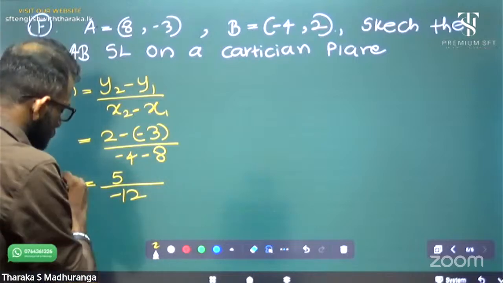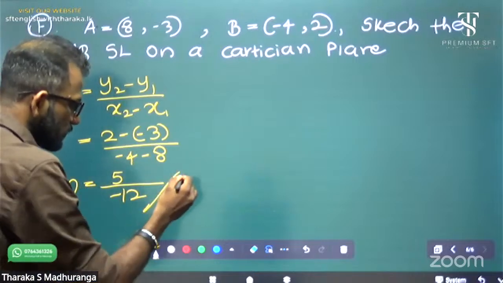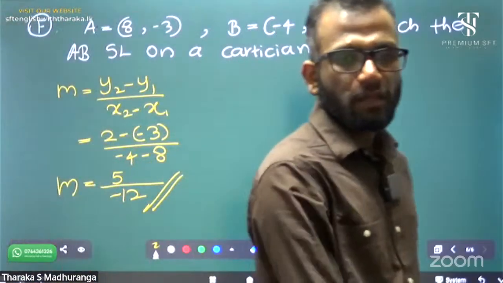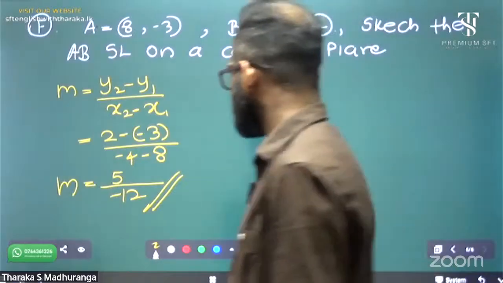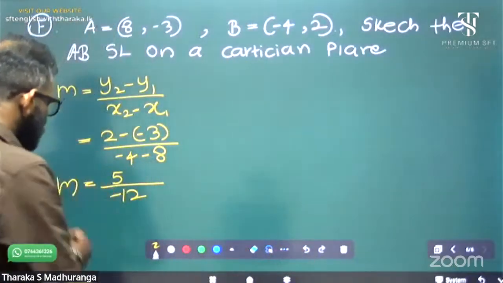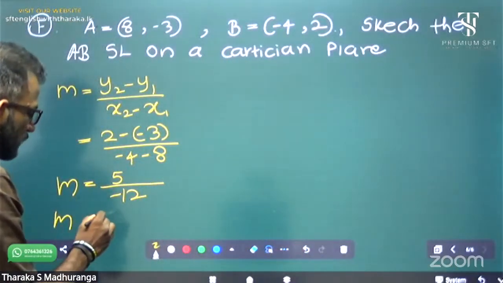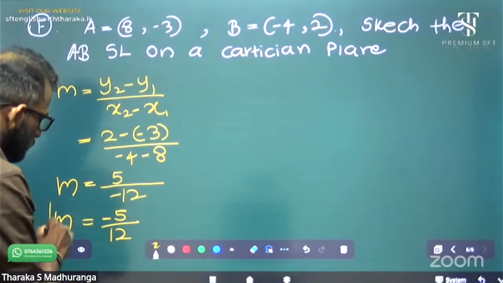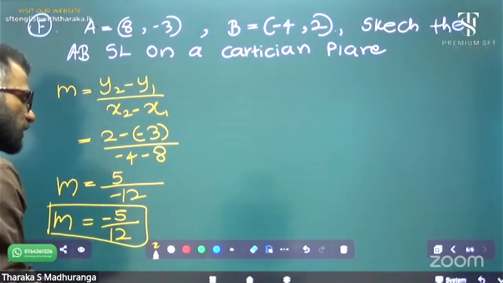This is the gradient, a minus value: minus 5 over 12. The gradient of this AB straight line equals minus 5 over 12.